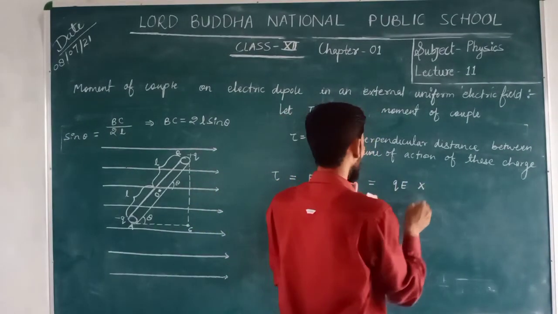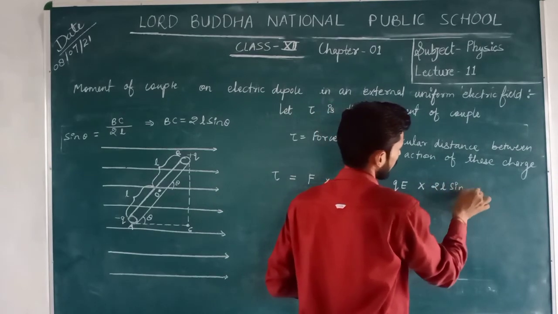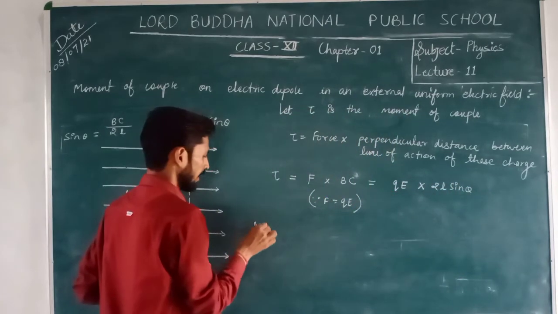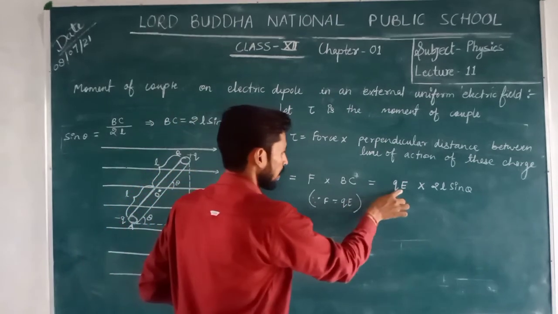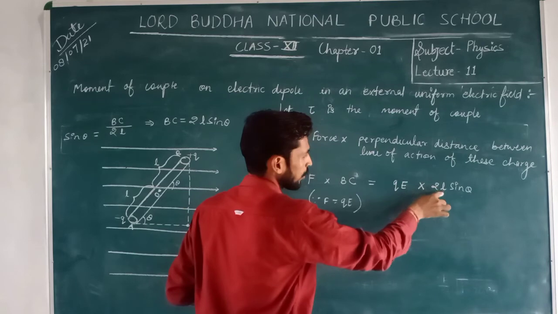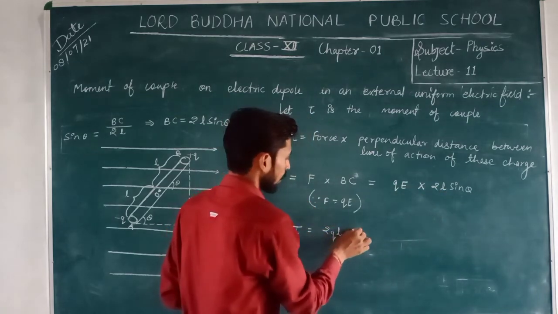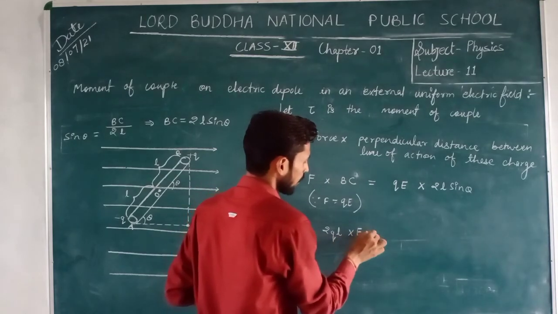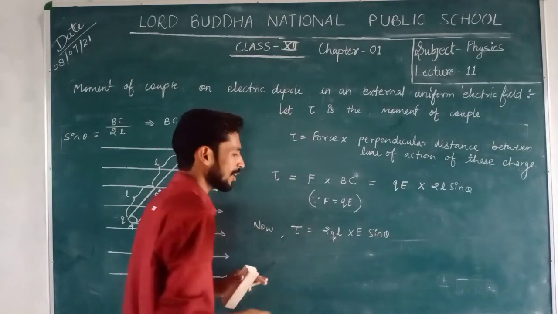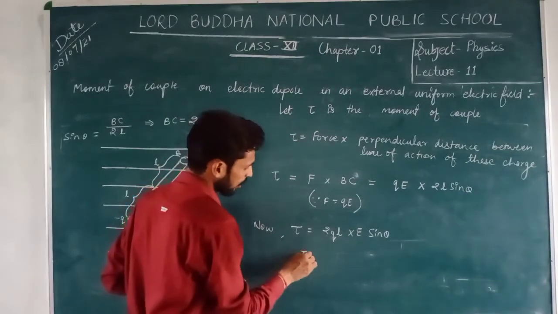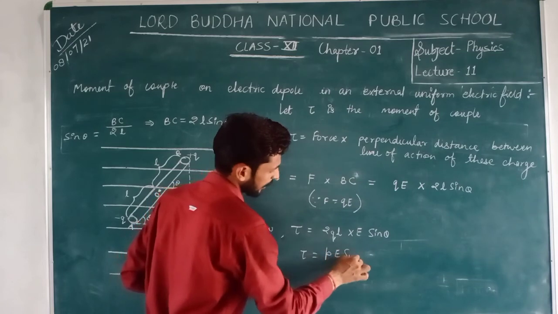Q into E into, in place of BC, we write 2L sin theta. So tau equals Q into E into 2L sin theta. We can write together 2QL into E sin theta. Now 2QL equals P. So tau equals P E sin theta.